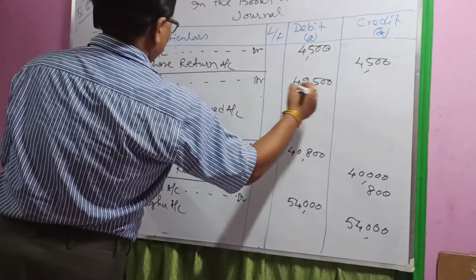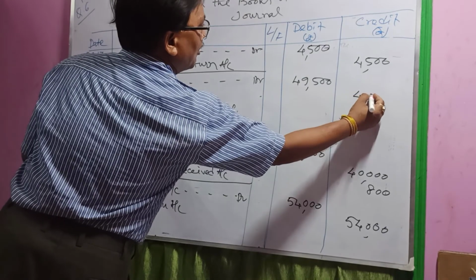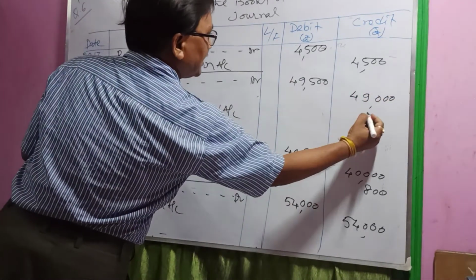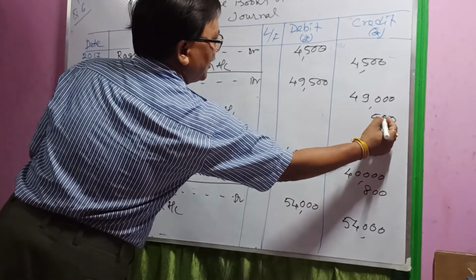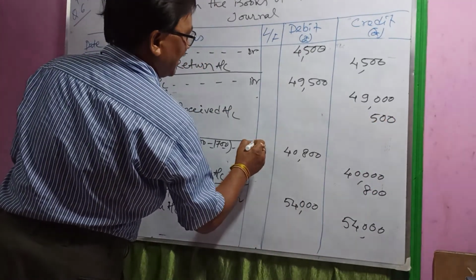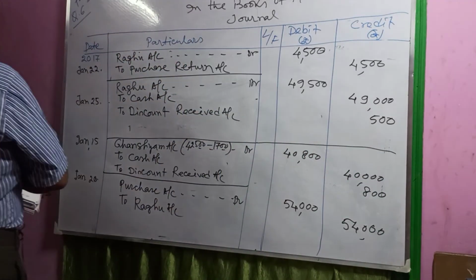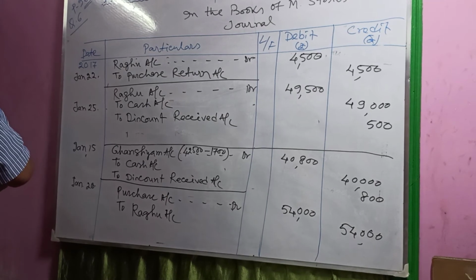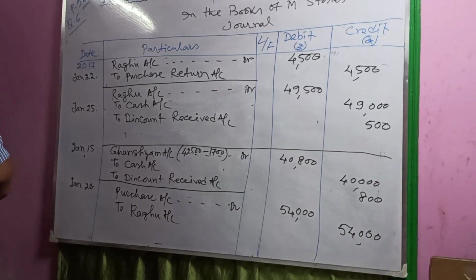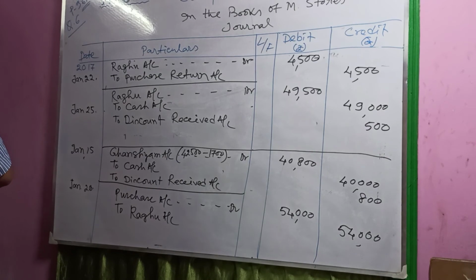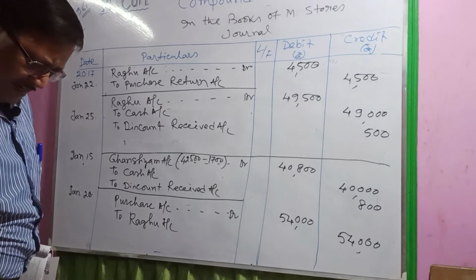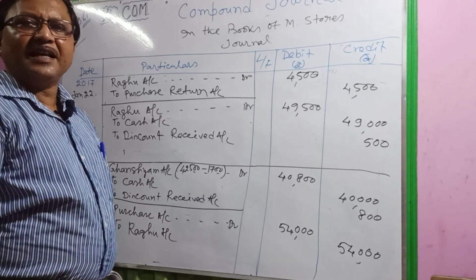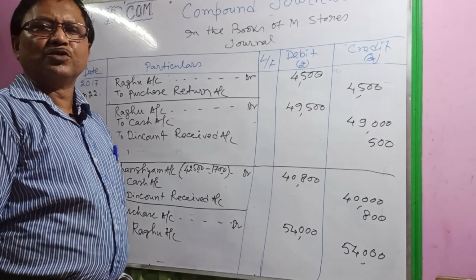Now only payment, cash goes out, 49,000. The difference is known as discount, 500. Okay. Now this is the narration: being cash paid to Raghu and discount received from him rupees 500. Okay. Everybody understand? Now you just try another question, number 7 and 8. Discuss in the next class another important type of questions. Thank you.